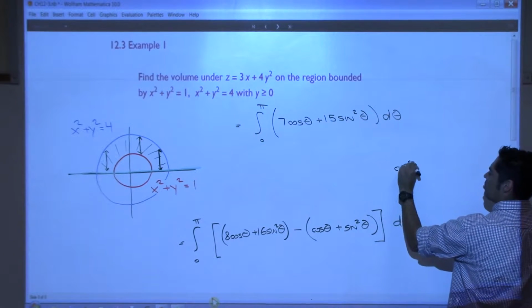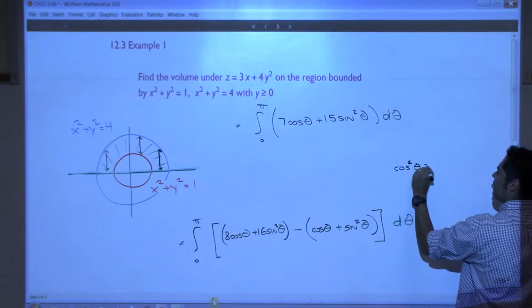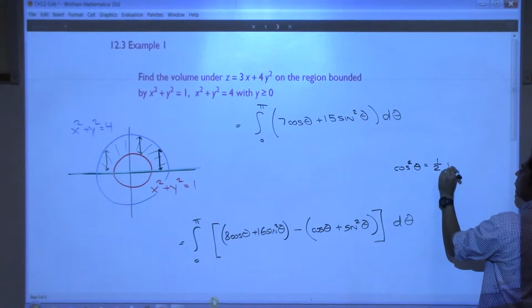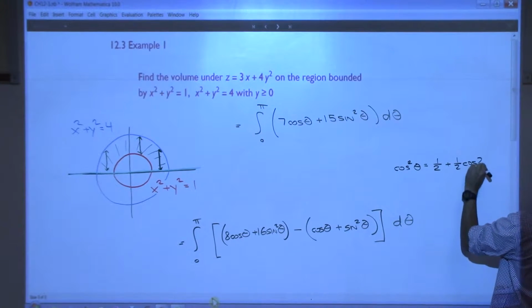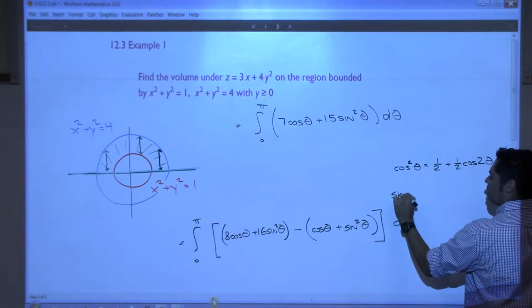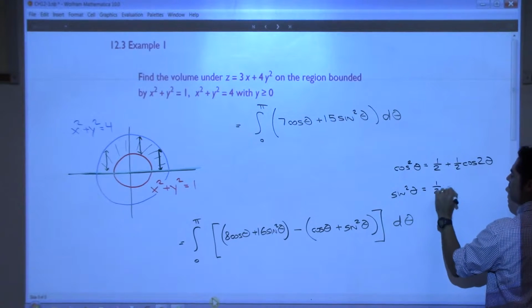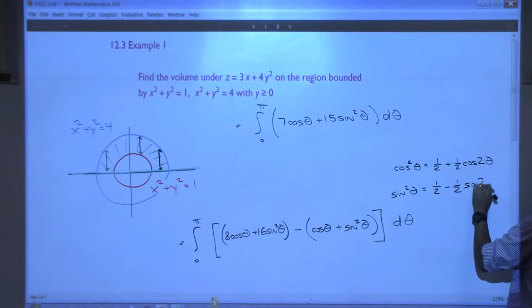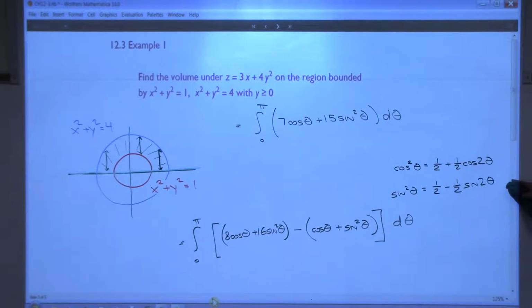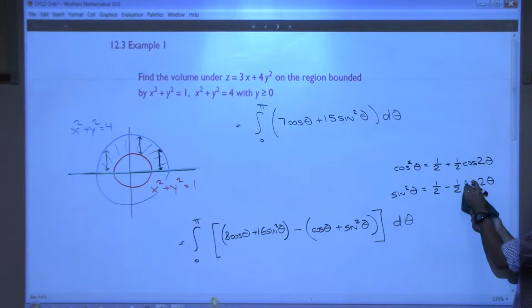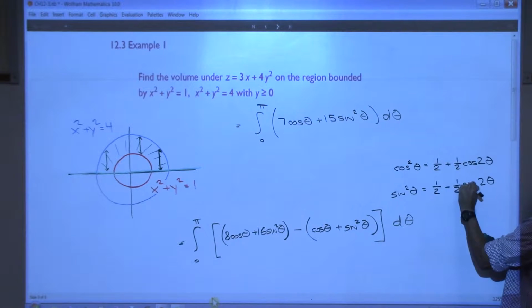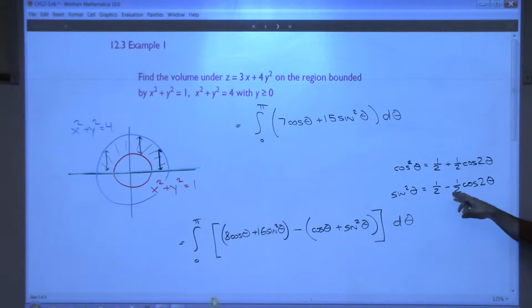It was cosine squared theta equals 1/2 plus 1/2 cosine 2 theta. Then the other one was sine squared theta equals 1/2 minus 1/2 cosine 2 theta. Those look familiar to you? Should have used those in Cal 2. The only difference between the 2 formulas is a plus here and a minus here.